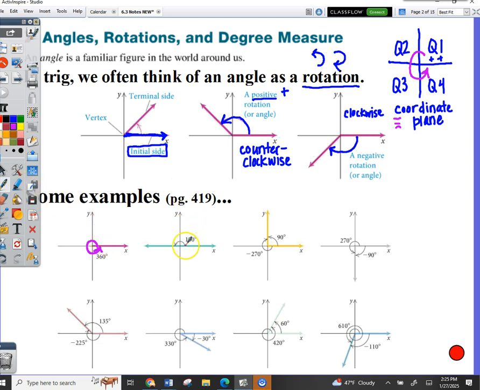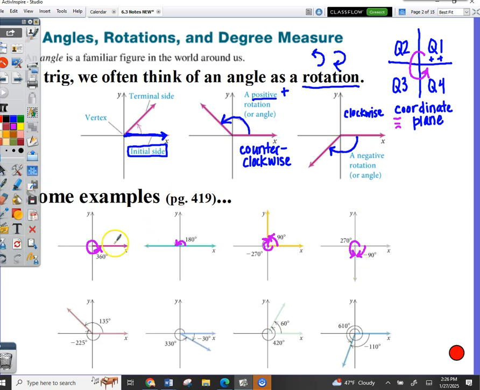This one is saying, hey, it's going to open up to 180. This one's saying there's two angles here. You could do 90, or you could say negative 270. Notice they yield the same picture. Here, you could say negative 90, or you could say positive 270.